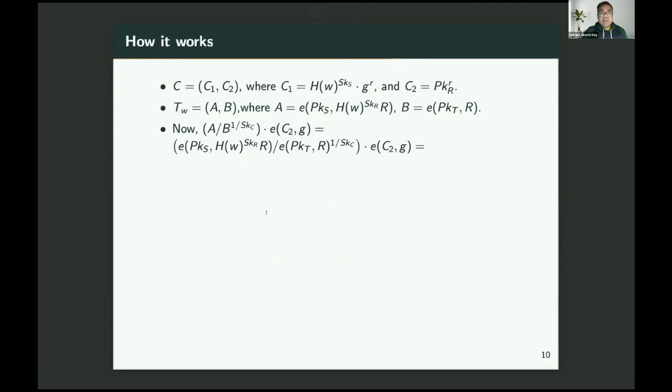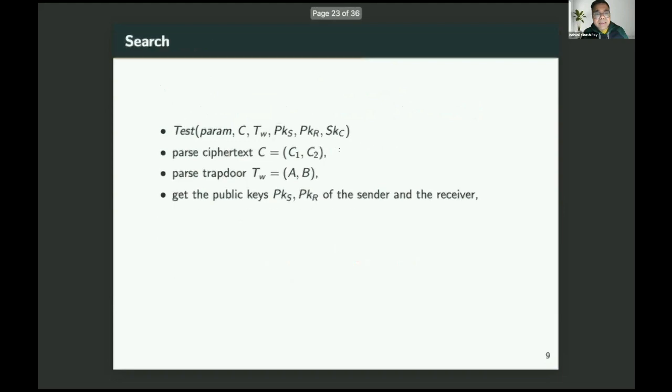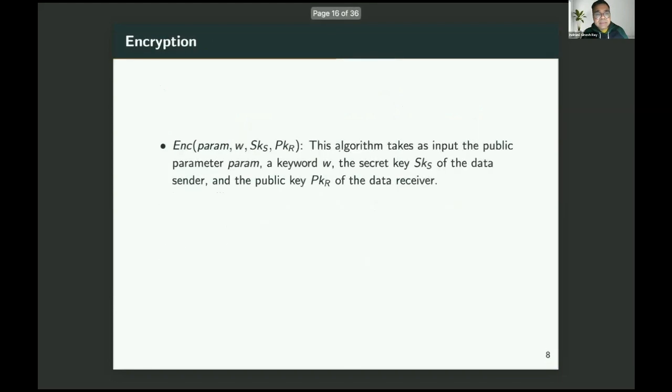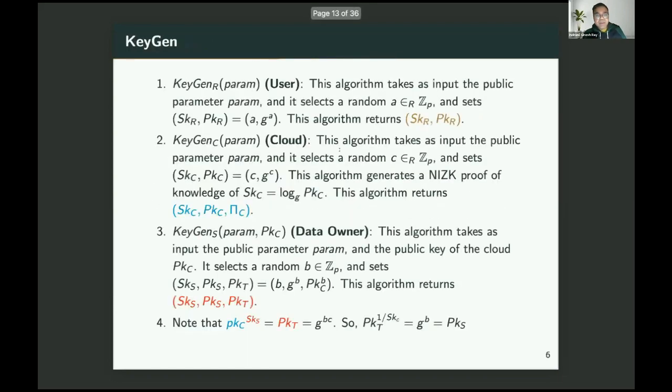Now, if we take a closer look at this PKT, by the property of the bilinear pairing, this component is the same as PKT raised to the power 1 by SKC. Now allow me to go a couple of slides back, where I said the sweetest part is this one: PKT raised to the power SKC, a simple looking expression.